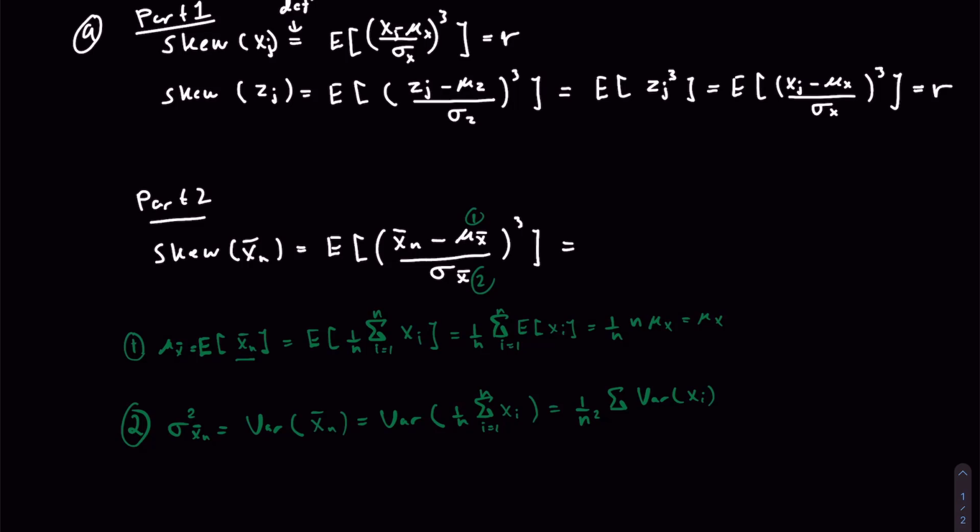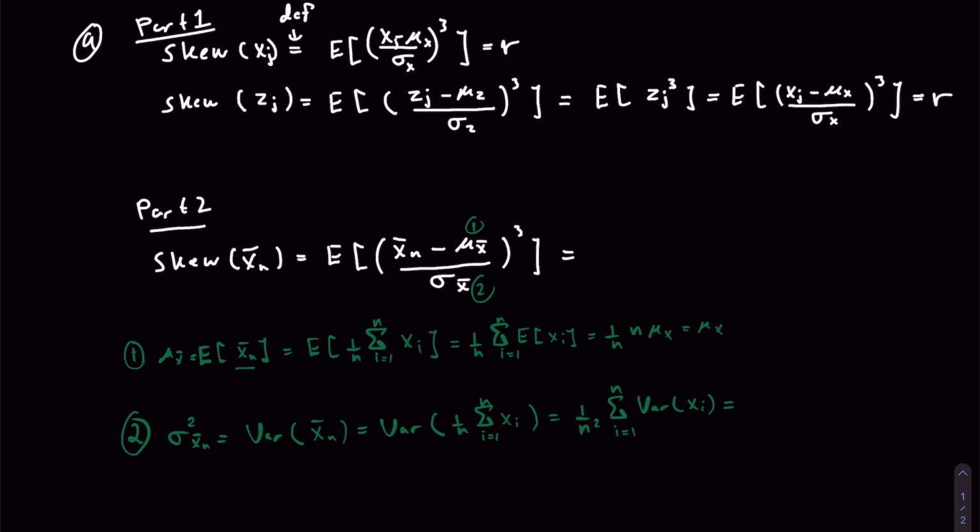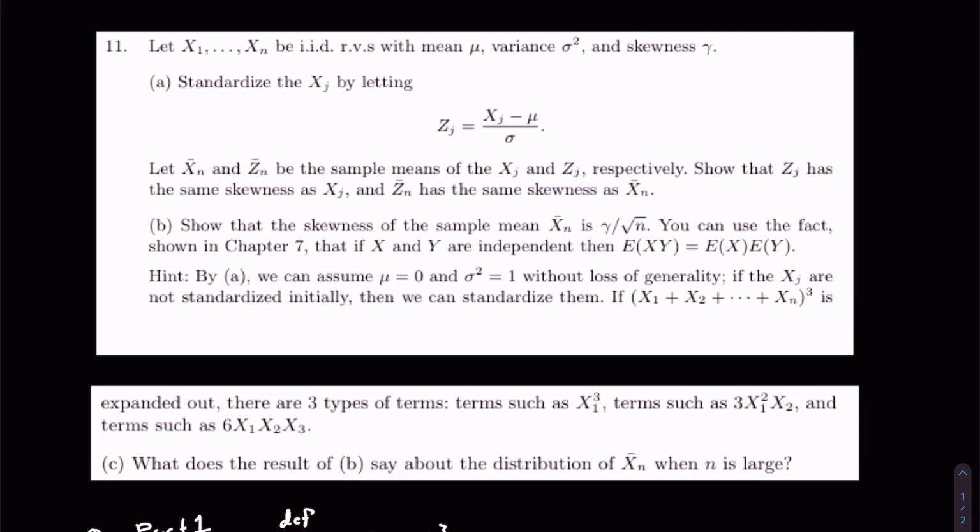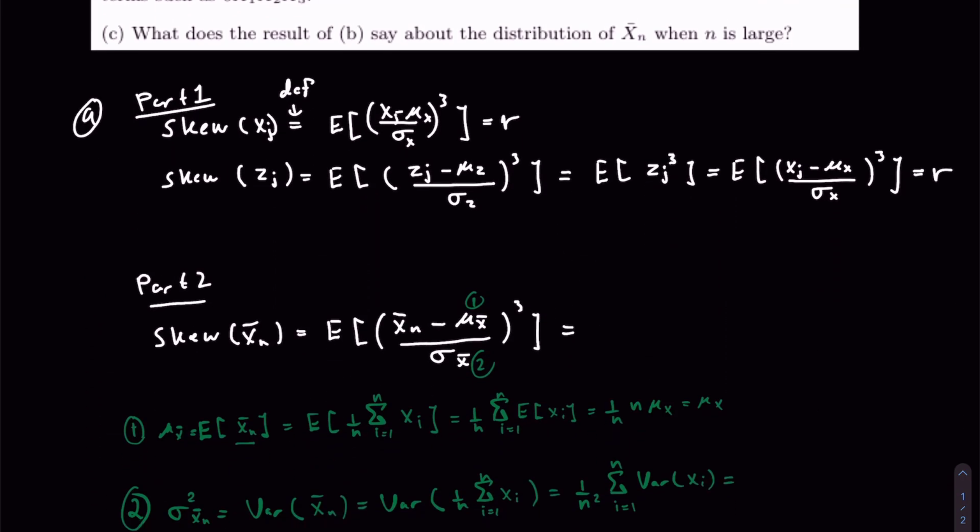Basically, we need independence there, and we know, or we're given, that the variance is sigma squared.